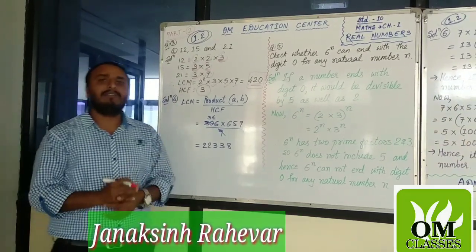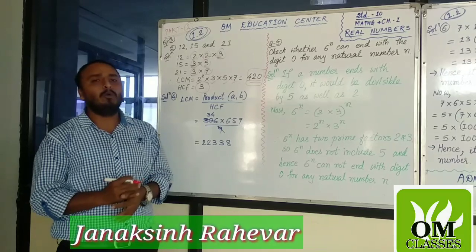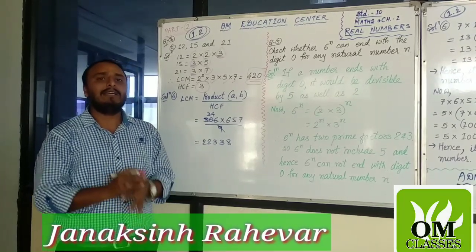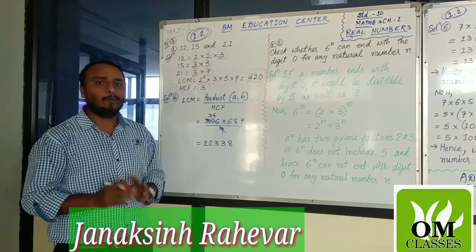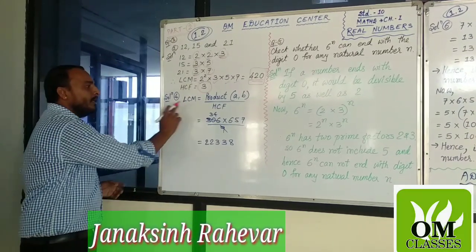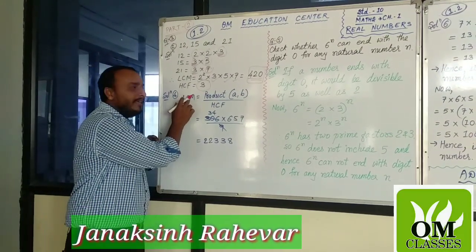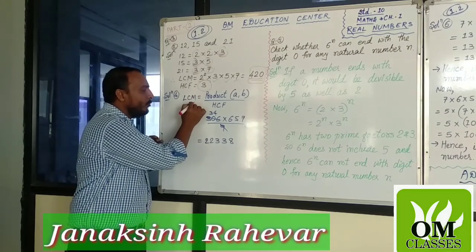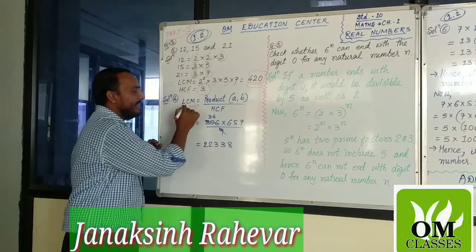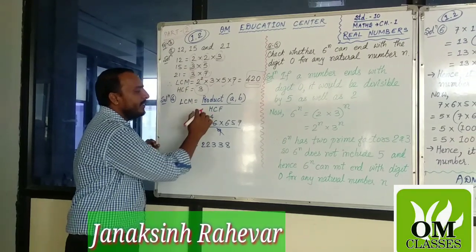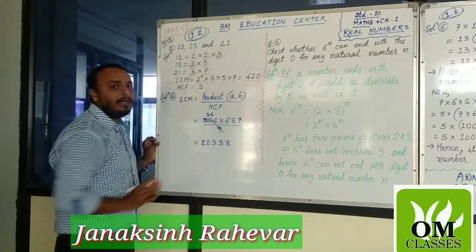Previously we have studied the formula that the product of LCM and HCF is equal to the product of two integers. So here, dear students, when you have to find the LCM, you already have HCF in multiplication. So this HCF will be cut from here and divided by the product.